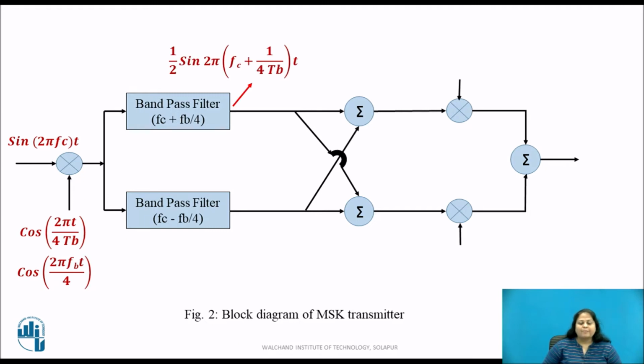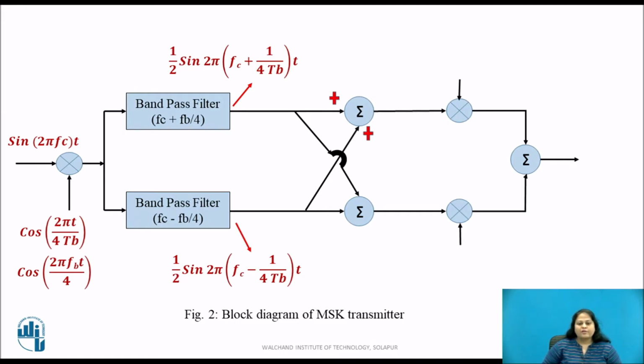The upper bandpass filter passes the high frequency component and thus its output is 1/2 sin(2π(Fc + 1/4Tb)t). Similarly, the lower bandpass filter passes the lower frequency component and thus its output is 1/2 sin(2π(Fc − 1/4Tb)t).